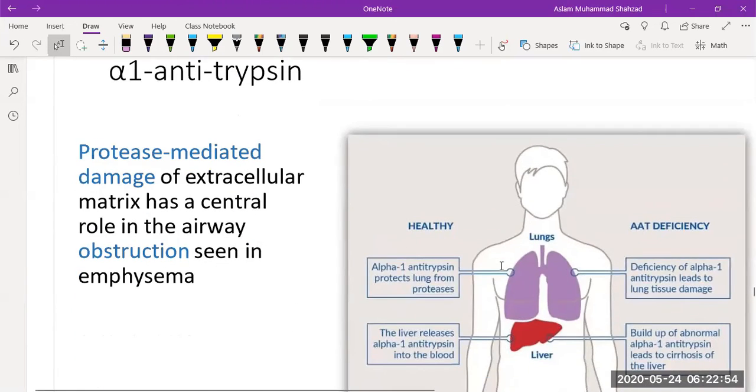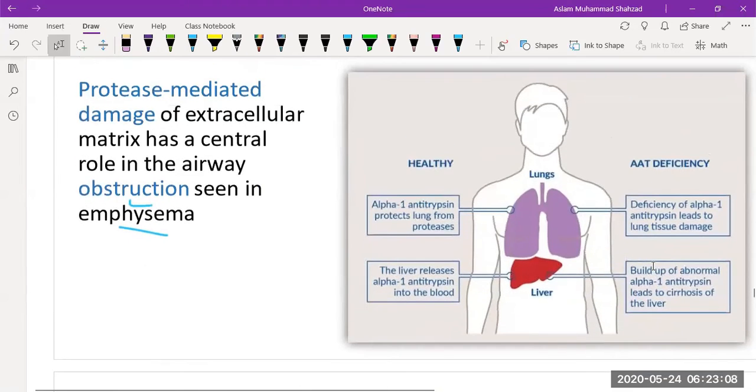I mentioned here that alpha-1 antitrypsin deficiency leads to protease-mediated damage of the extracellular matrix that has a role in airway obstruction seen in emphysema. In the healthy lung, alpha-1 antitrypsin protects the lung from proteases, because proteases are responsible for breaking down the sacs.